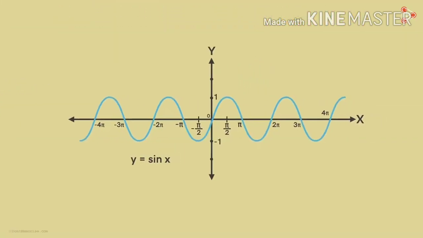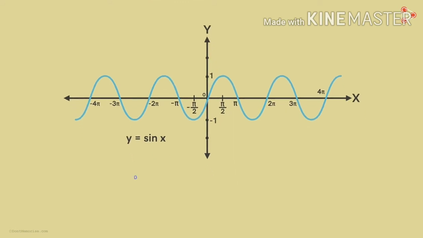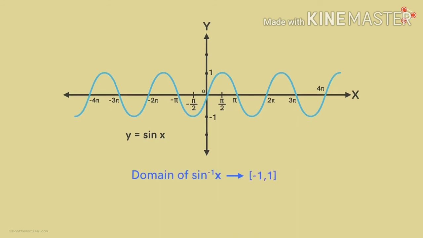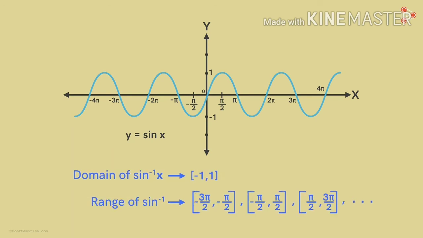If we look at this graph, we understand that the range of sine x is from -1 to 1. So sine inverse will be a function whose domain would be -1 to 1, and the range could be any of these intervals. This is because in all these intervals, the sine function is bijective and hence invertible.